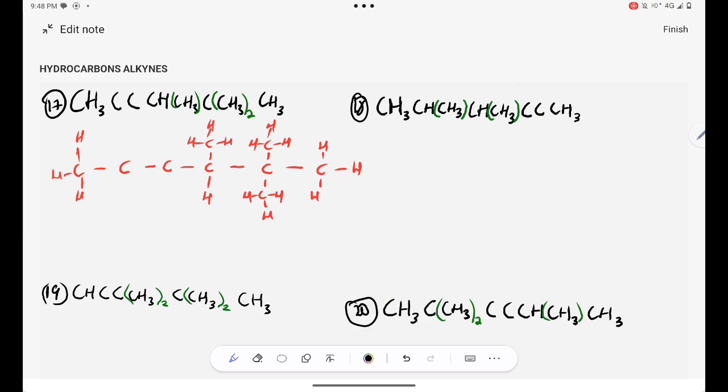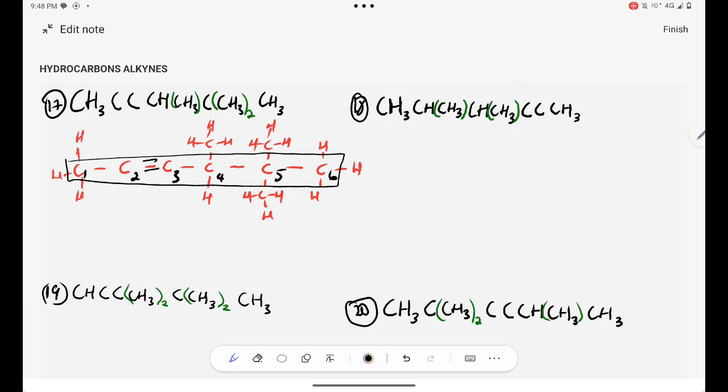Please note, guys, these 2 carbons are not fully bonded, which simply means they have triple bonds like this. So whenever I'm numbering my carbons, I must start counting from the terminal which is closer to the triple bond. This will be 1, 2, 3, 4, 5, and 6.